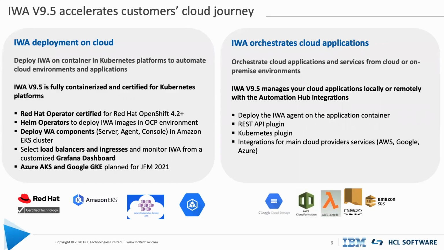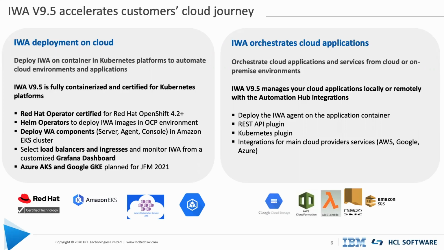We do support the main cloud providers' Kubernetes environments, so AWS, Microsoft Azure, and Google Cloud. Kubernetes platforms are all supported and certified for our distributed components. So you can use them both for the dynamic workload console in a containerized fashion and for the Z-centric agents.